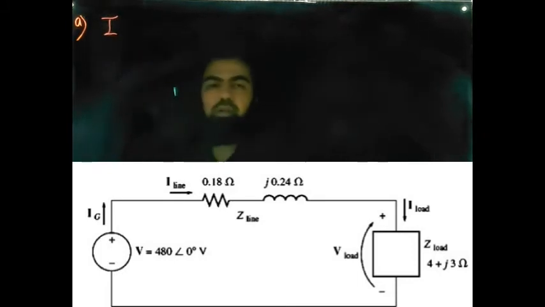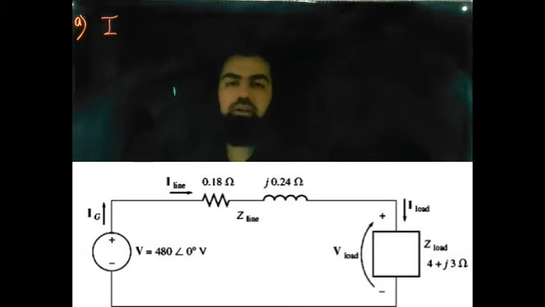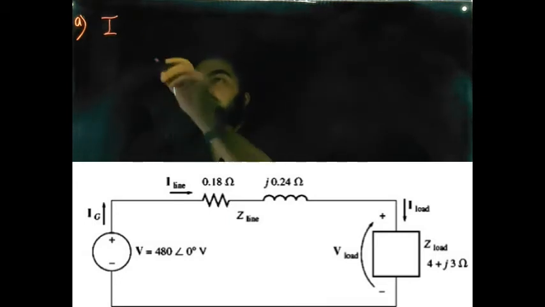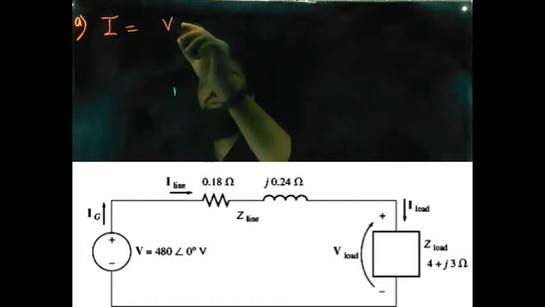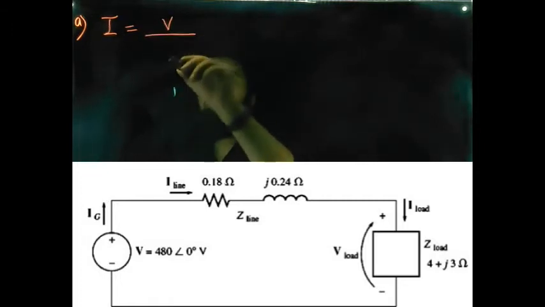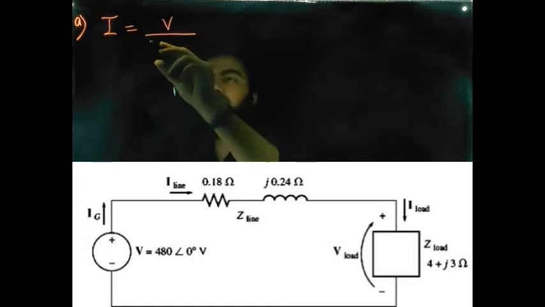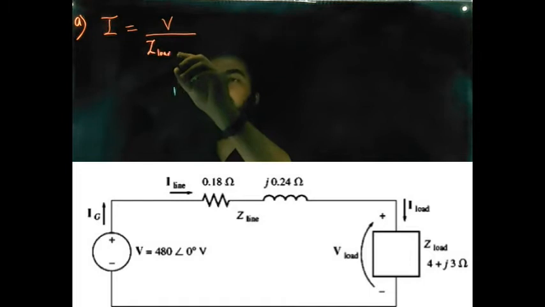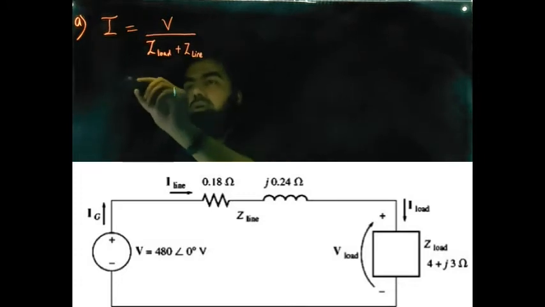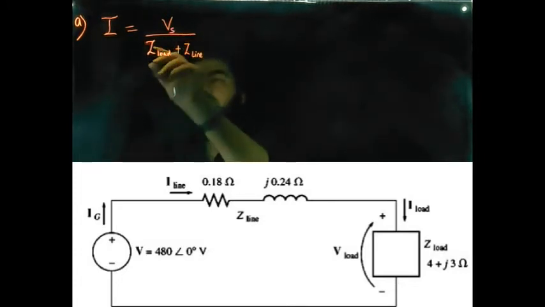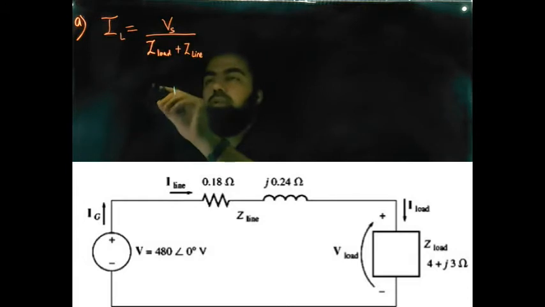If I say the current in this circuit is I, and the source voltage is V, the total current in the circuit will be V divided by Z load plus Z of the line.